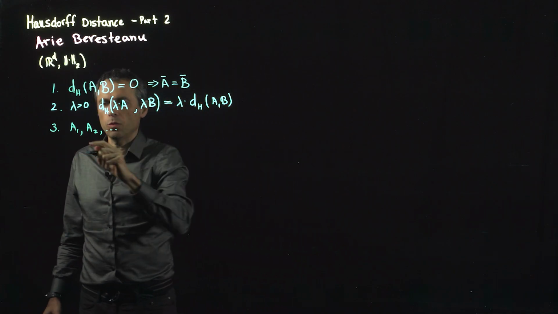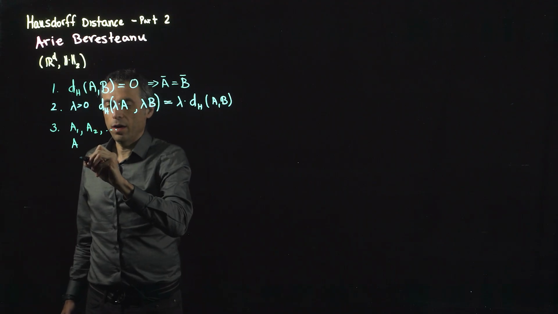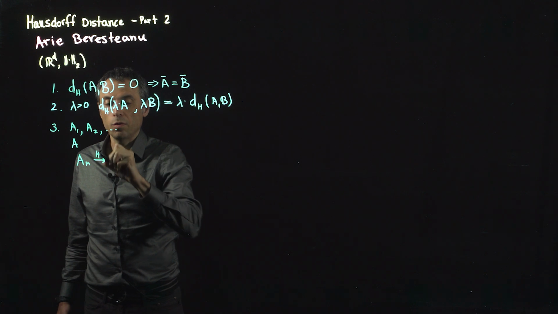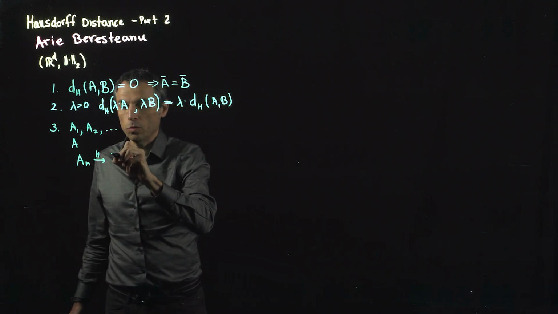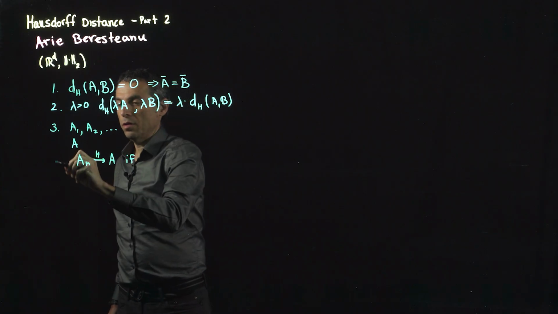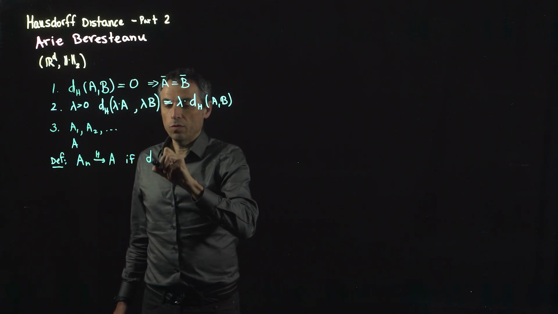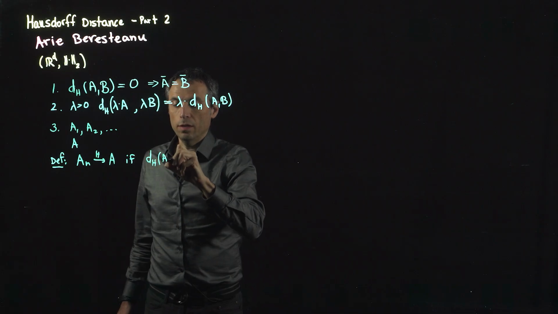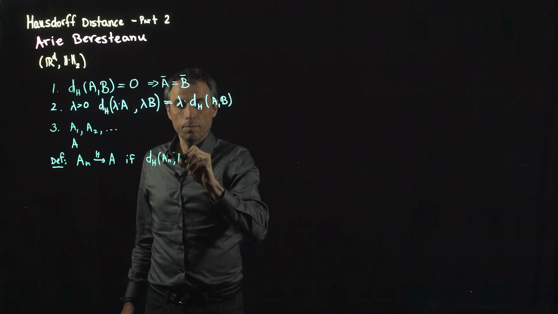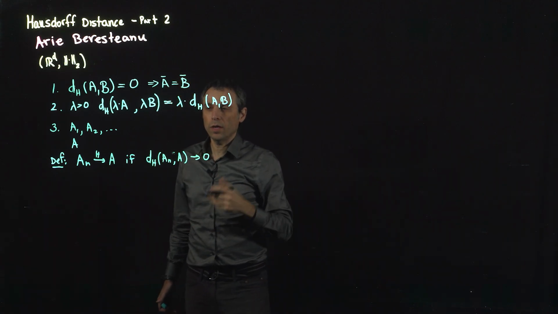So we have this sequence, and we have another set A. Then we say that A_n will converge to the set A in the Hausdorff sense, so the limit, which is a set, if, okay, so that's a definition, if the Hausdorff distance between A_n and A, which is a number, will converge to 0.